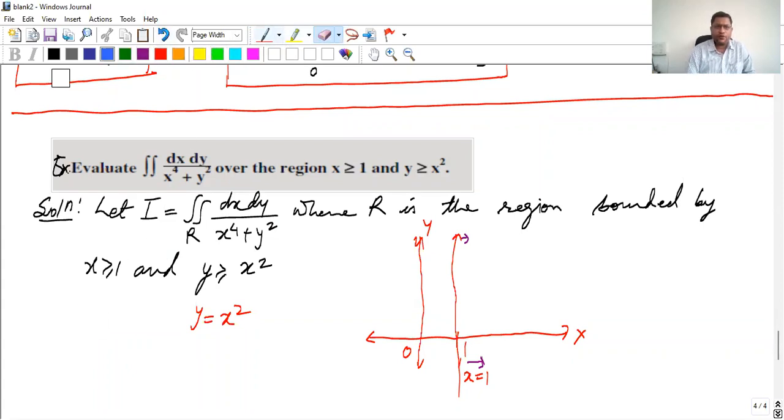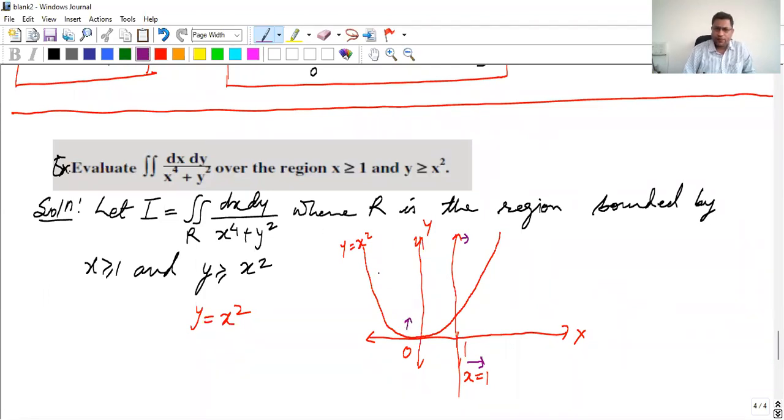Now we have to think of y greater than or equal to x square. Suppose y is equal to x square. y will always be positive, so what is this curve? It is an upper parabola. So this is the parabola y equal to x square, and I want y to be always greater than x square.